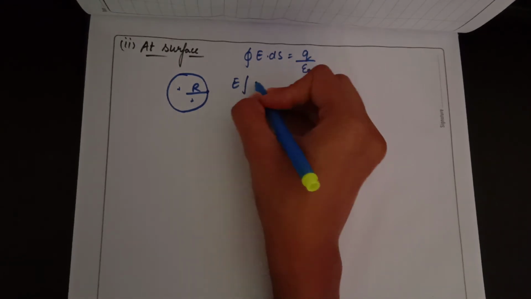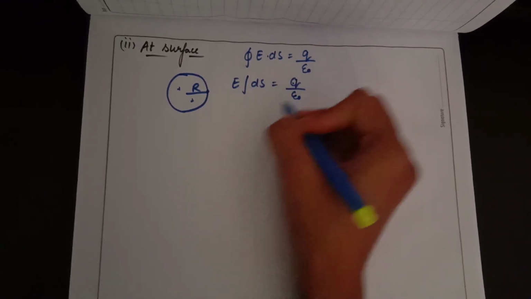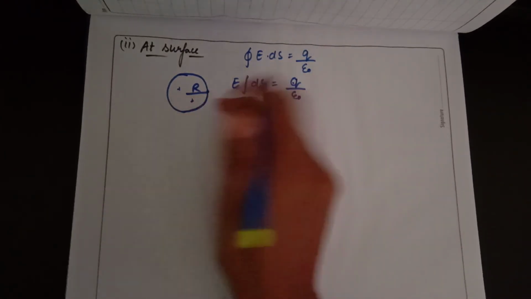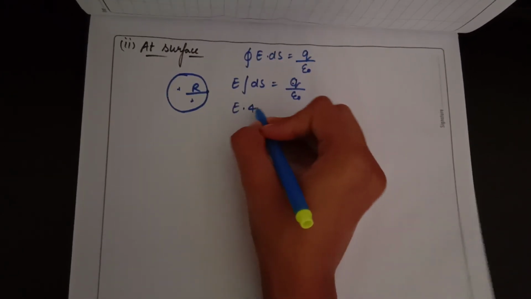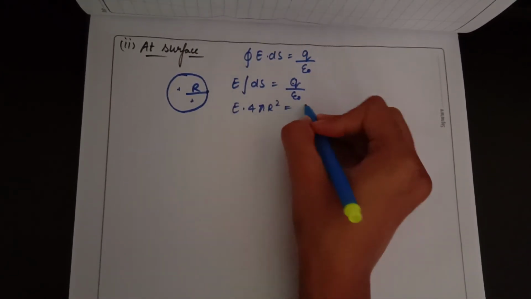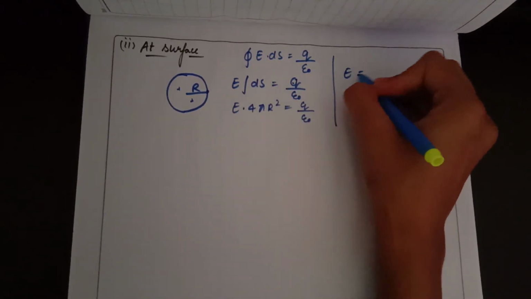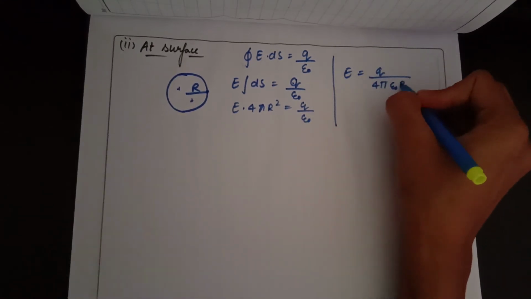So I will get E ds is equal to q divided by epsilon naught, and ds will be 4 pi capital R square for this sphere. 4 pi R square E is equal to q upon epsilon naught. So at the surface, E comes out to be q upon 4 pi epsilon naught R square.